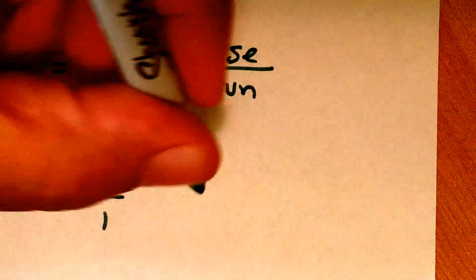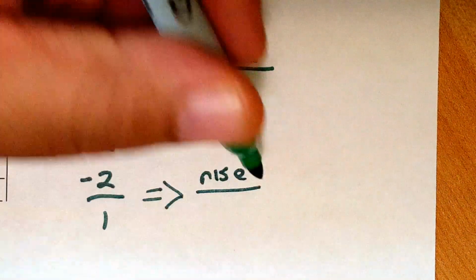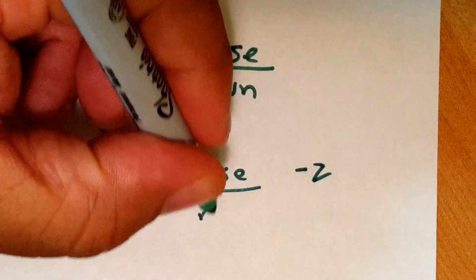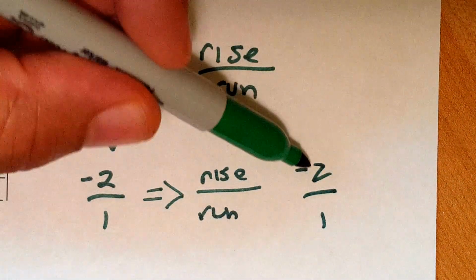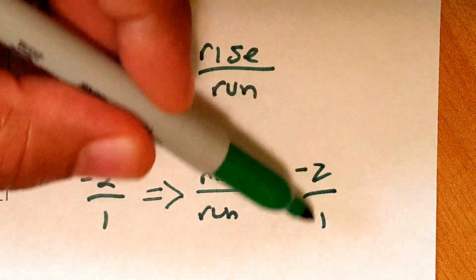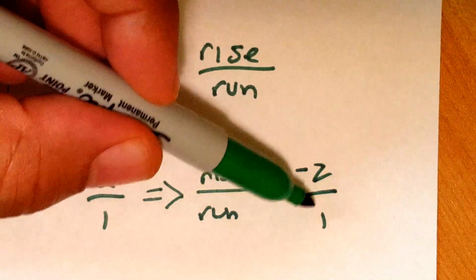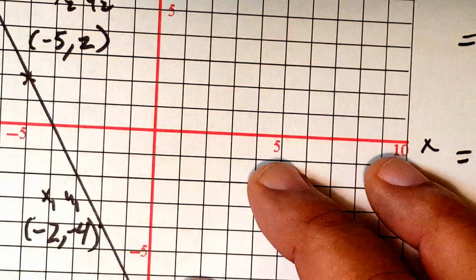Okay? And so that means our rise is going to be -2. And our run will be 1. So that means we're going to go down 2 and to the right 1. Or we can go up 2 and to the left 1. And we'll say a little bit more about that here in a second.